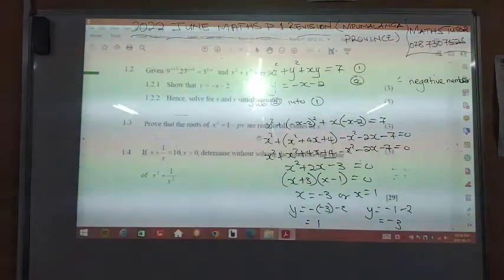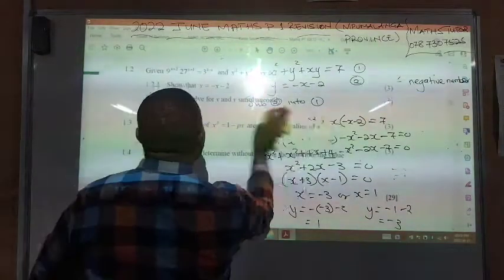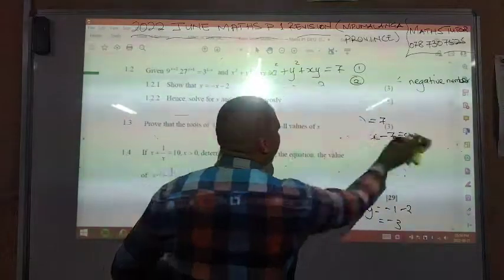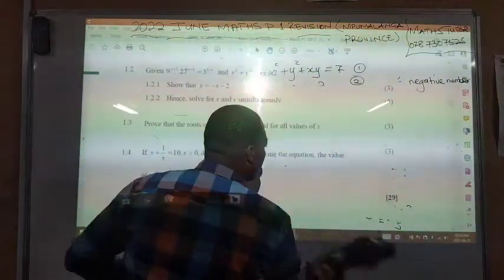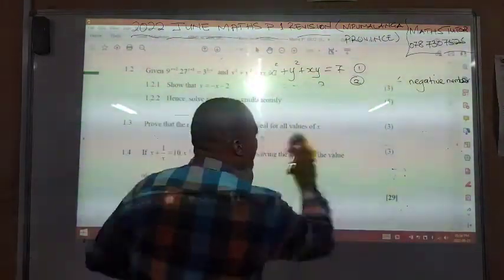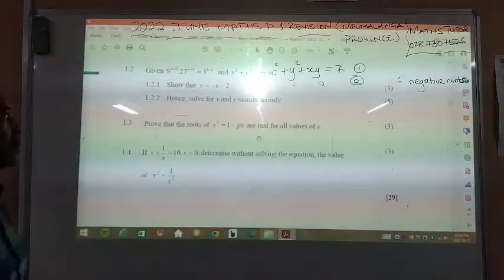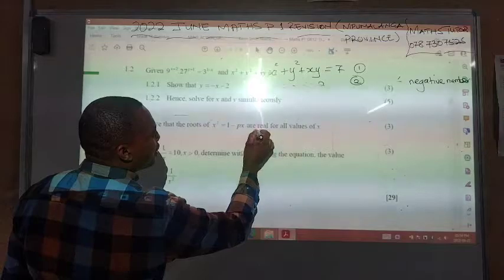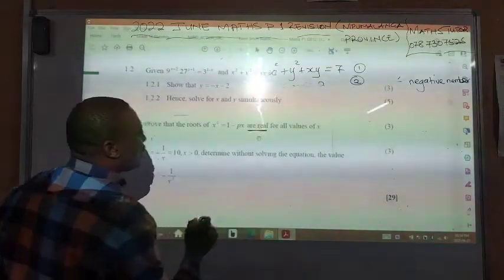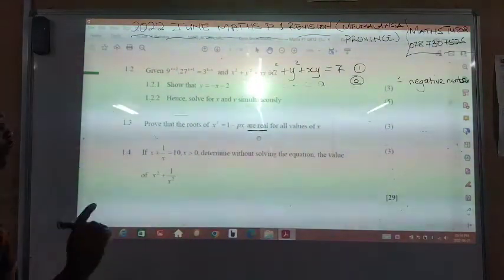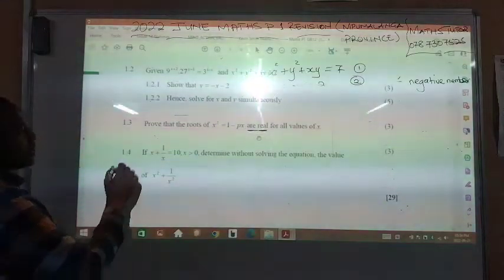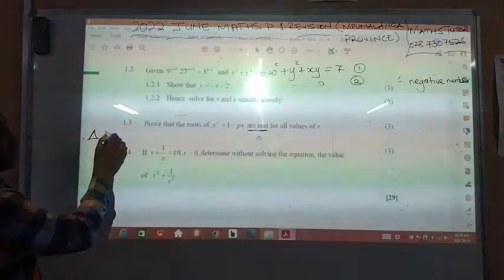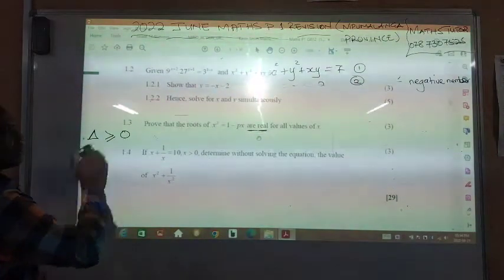1.3, you are asked to prove that the roots are real. Now, this is a question which falls under nature of roots. And if the question is saying the roots are real, it means delta, or discriminant, is greater or equal to 0.